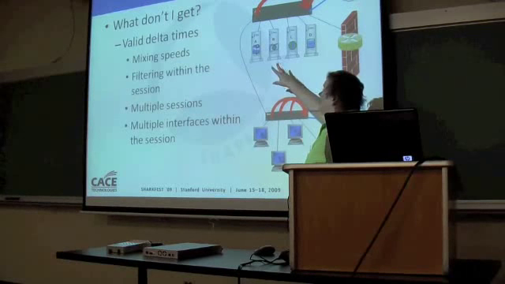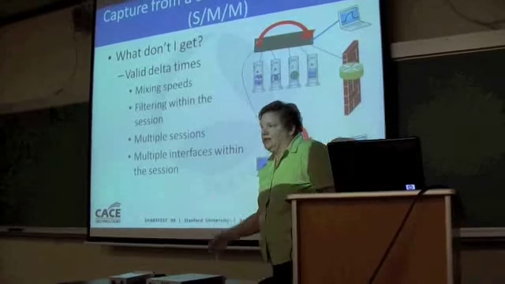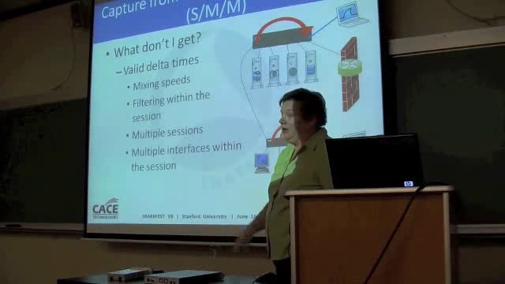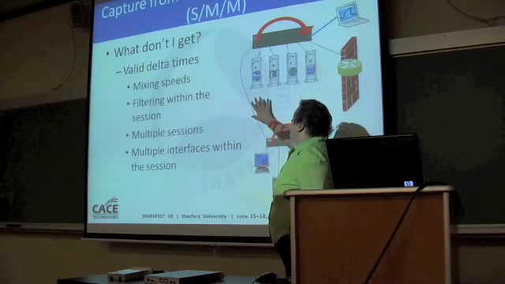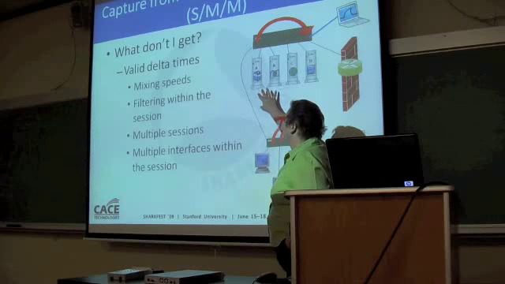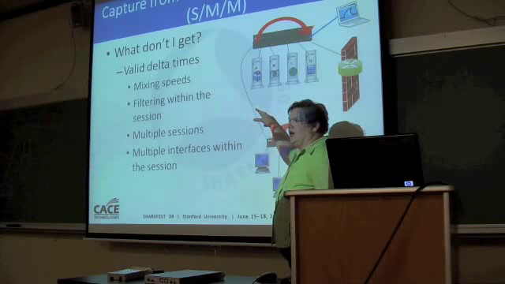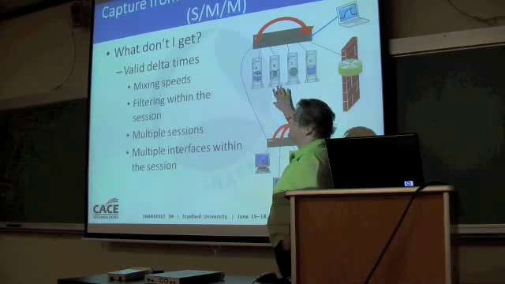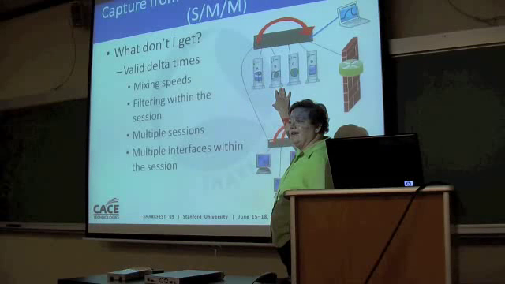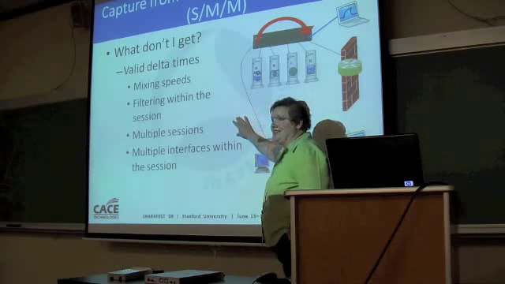Well, let's say that because I'm limited by how many sessions I'm allowed to have, because you can't have it all at once, I'm limited in my span session numbers, so I don't really want to see all that traffic. I want to just focus on server B, my file server. So I set up a filter within the span session.